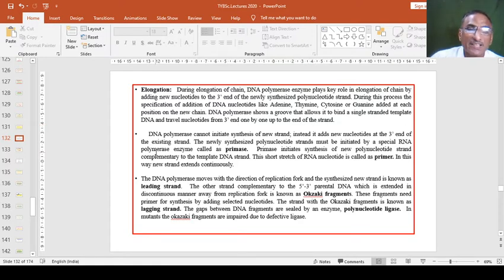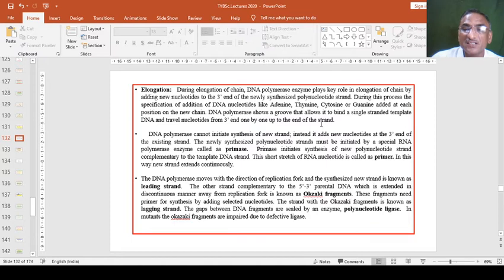DNA polymerase cannot initiate synthesis of a new strand. Instead, it adds new nucleotides at the 3' end of the existing strand.